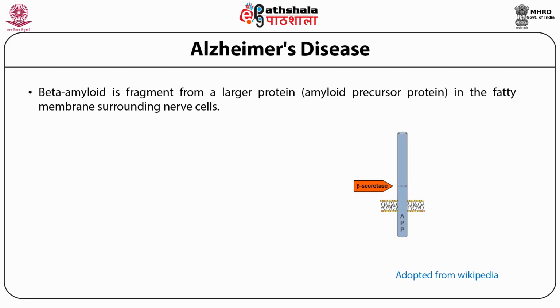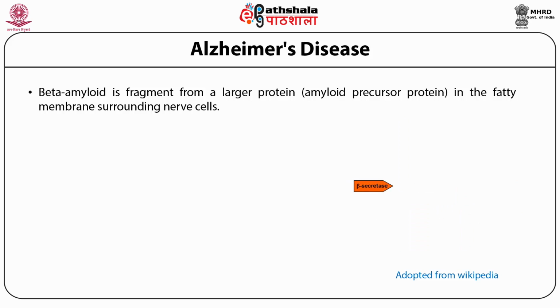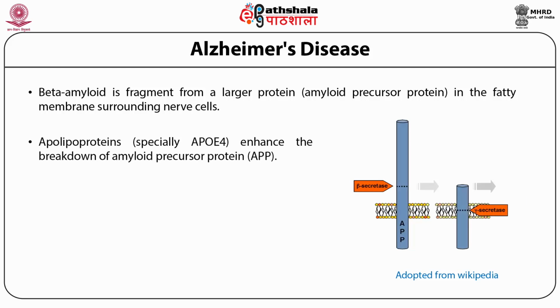Beta amyloid is a fragment from a large protein called amyloid precursor protein, in the fatty membrane surrounding the nerve cells. Apolipoproteins, especially APOE4, enhance the breakdown of amyloid precursor protein.